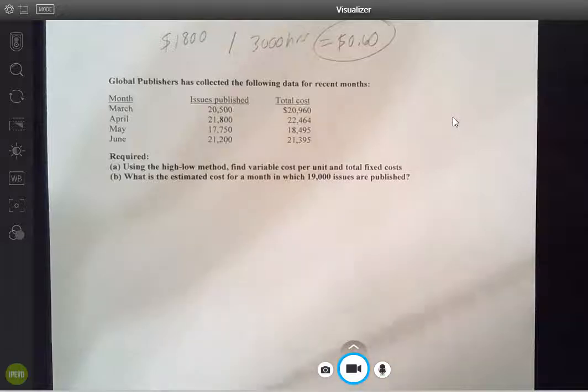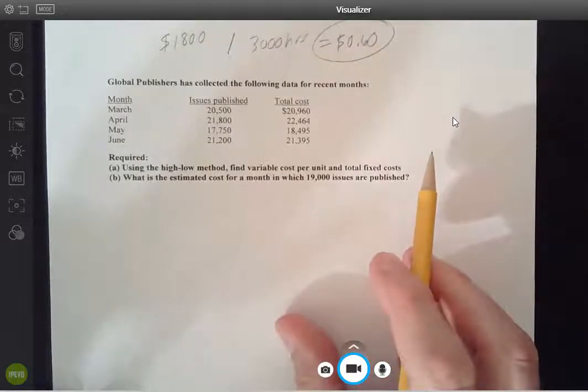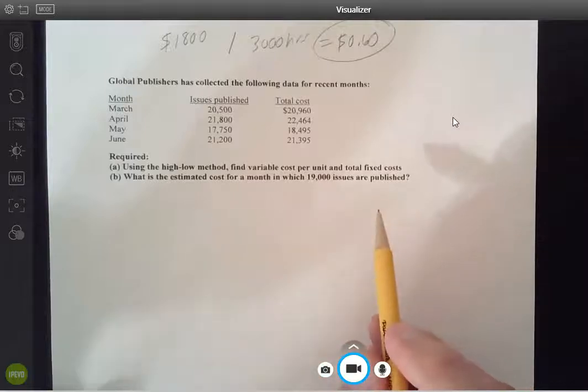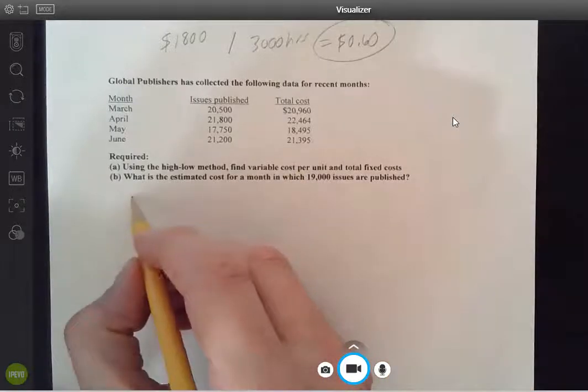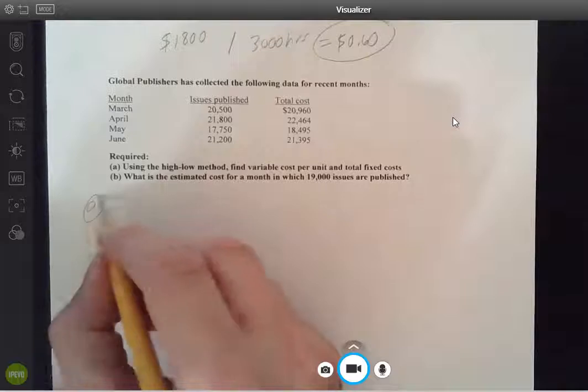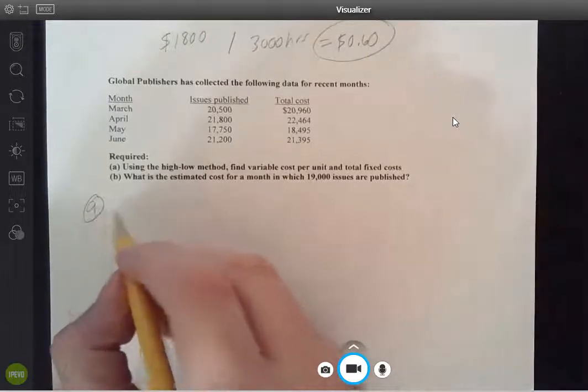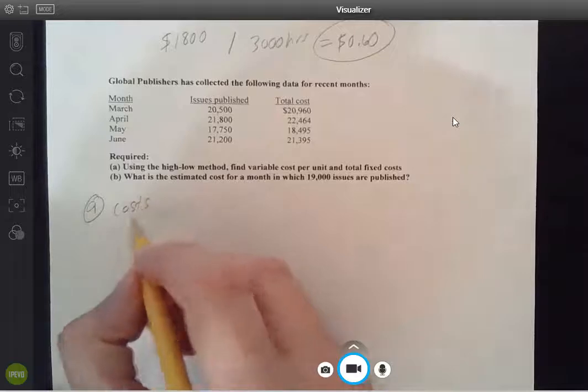Okay, so the first part of this is going to be the exact same thing that we've already done. And we're going to do it in the exact same order. So letter A, we're going to do costs first.